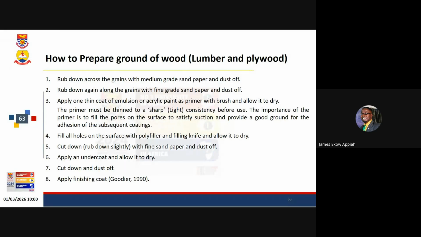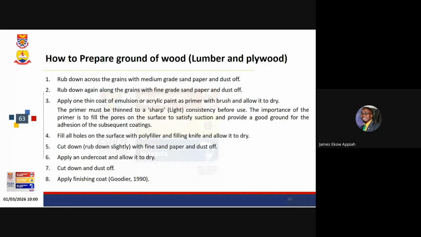The terminology is self-explanatory. When you sandpaper in the direction of the grain, you have sandpapered along the grain. But when you sandpaper across the grain, let's say the grain goes horizontally and you sandpaper vertically, it means you have crossed the grain. In normal circumstances, when you are preparing a surface, you look at the nature of the surface. If it's very rough, you cannot go along the grain.